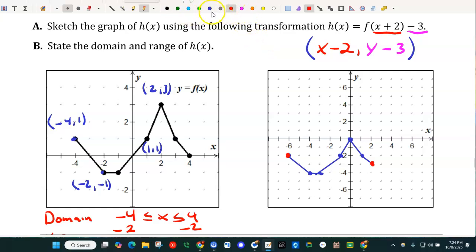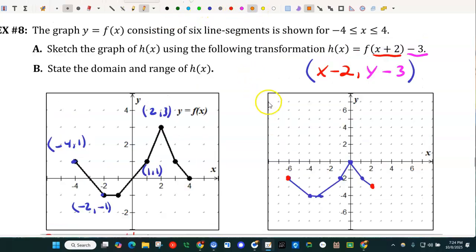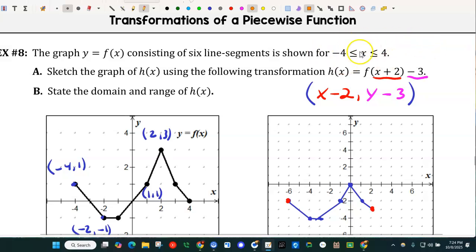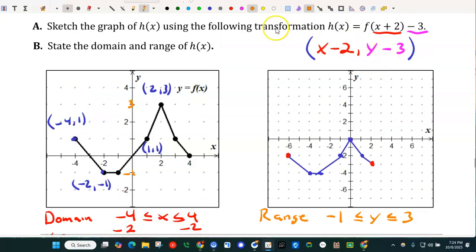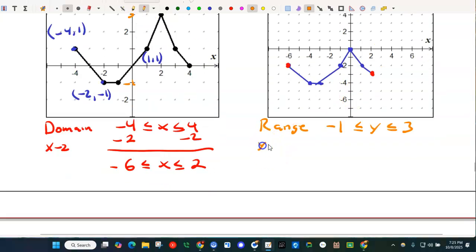All right, and the range, let's do the range next, which is not given to us. Okay, so we can get the range off of here. Negative 1 is the lowest point, and the highest point is 3. So our range is negative 1 to positive 3, and then we subtracted 3, so we did y minus 3, so I'm going to do minus 3 and minus 3.